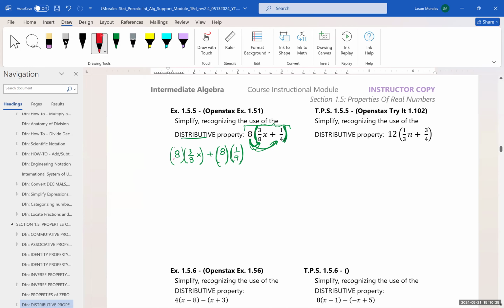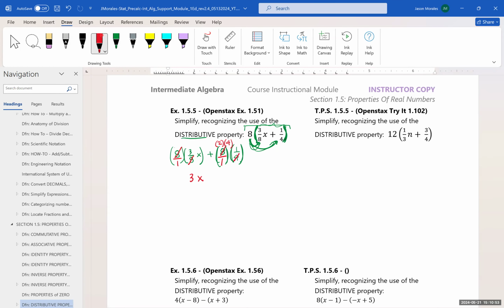I left these in here just to show what I just did and what I'm going to do next. I'm going to write 8 as 8/1, and the reason I'm going to do that is because it shows me that here I've got 8 in the numerator, and I can cancel that out with 8 in the denominator, leaving me with just 3x. And here I can write 8 also as 8/1, and I can think of 8 as 2 times 4.